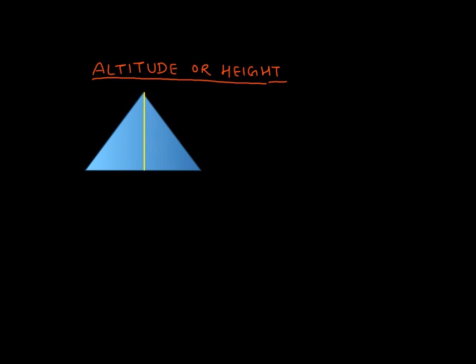Now while drawing this line segment, I am making sure that the line segment which I am making is meeting the opposite side at 90-degree angle. That is, this angle is 90 degree. Such a line segment is known as altitude of triangle.